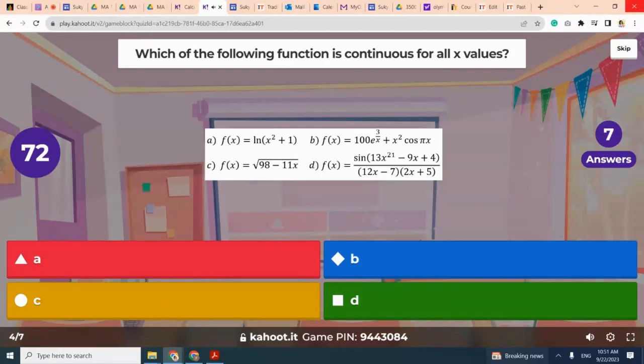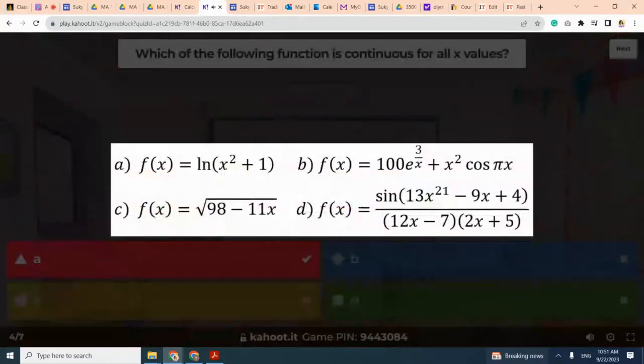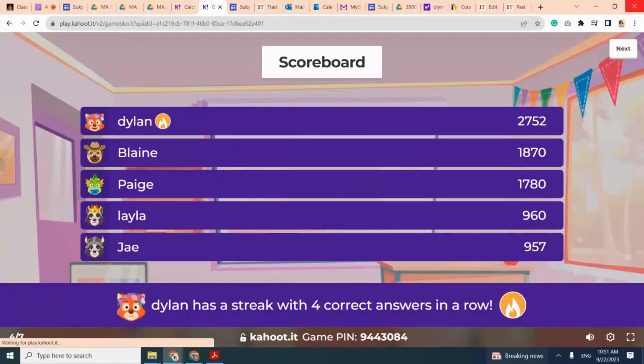Good job. This one, because x squared plus 1 is always positive, so this is continuous everywhere. Here the problem is the fraction. Here the problem is the square root. Here the problem is the denominator. Okay, yes. Good.